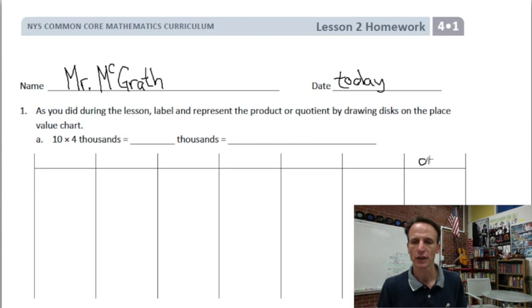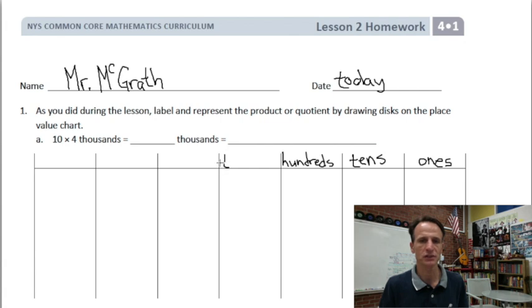All right, so we have the ones place. And I know you're getting sick of doing this, but it's only lesson 2, so suck it up, kid. Tens, you'll get this down. Hundreds, you'll know how to spell these words. You will never forget this, especially here.